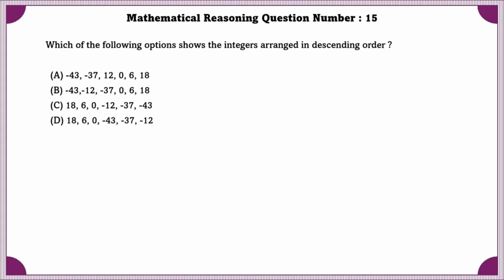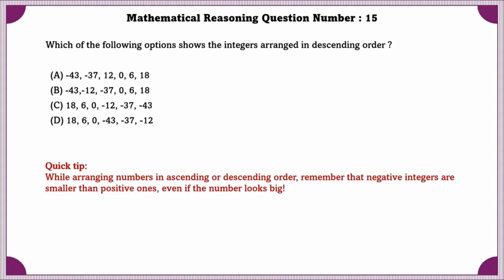Mathematical reasoning question number 15. Which of the following options show the integers arranged in descending order? Since it is in descending order, we have to start from the largest number. Here's a quick tip. While arranging numbers in ascending or descending order, remember that negative numbers are smaller than positive ones, even if the number looks big.